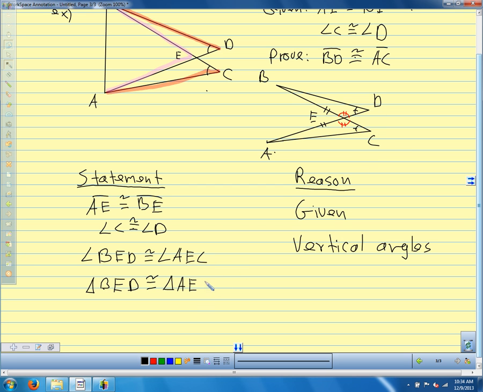Angle C and angle D have to match up. It says that they're congruent. And what was our reason? Why are they congruent? Angle, angle, side. So now we can say that the parts of the triangles are congruent. Segment BD is congruent to segment AC by CPCTC. Or you could say those segments are congruent because the triangles are congruent.